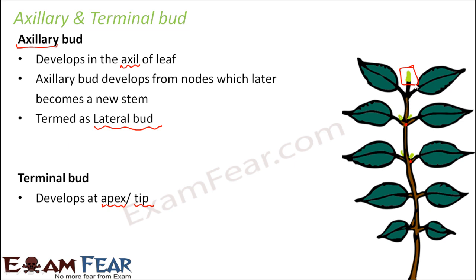But this is the apex of the stem. So that is why terminal bud is also known as apical bud, because it is present at the apex of the stem. Now whenever we use these terms, axillary buds and terminal buds, you should not get confused, and that is why it is a kind of prerequisite to understand this chapter, so that whenever I use these terms, you are clear with what they are.